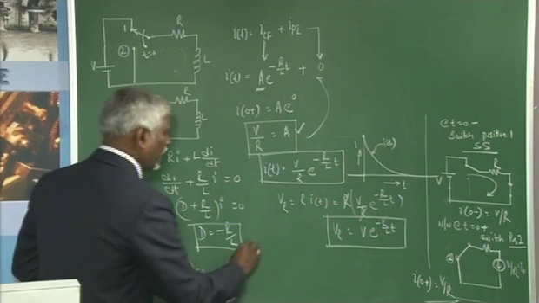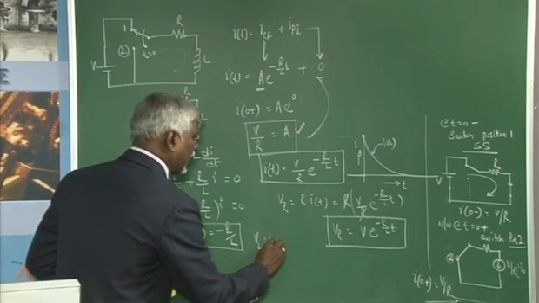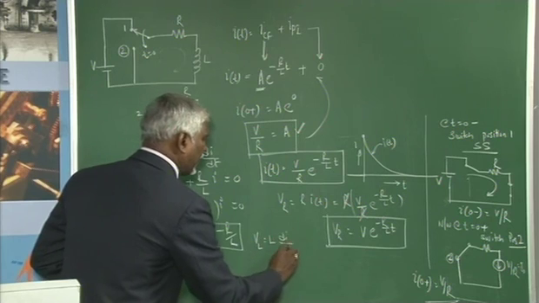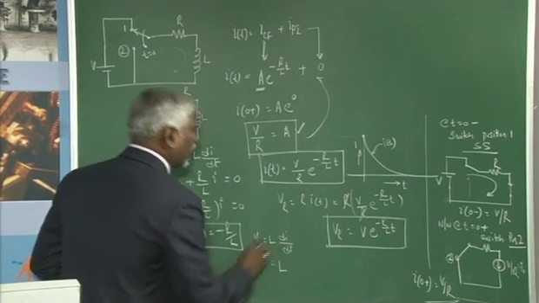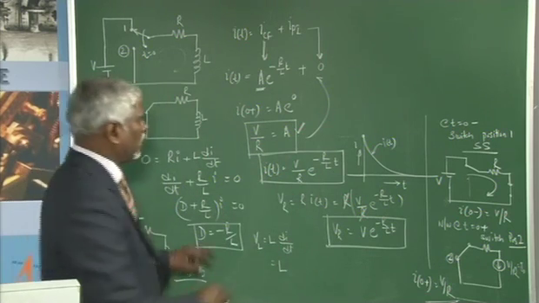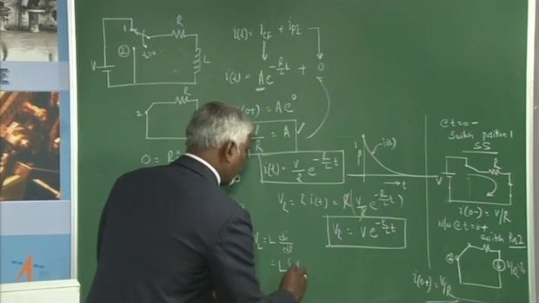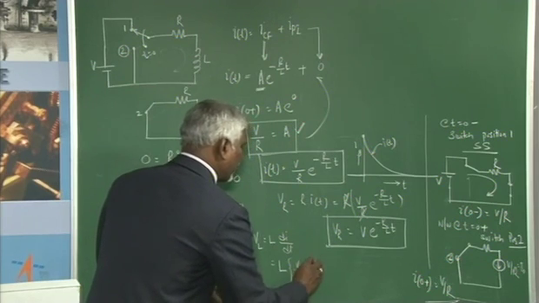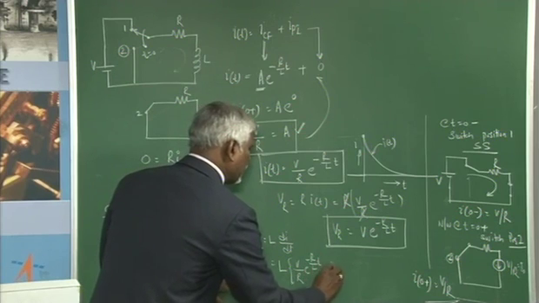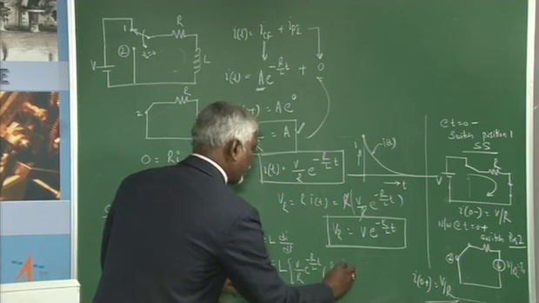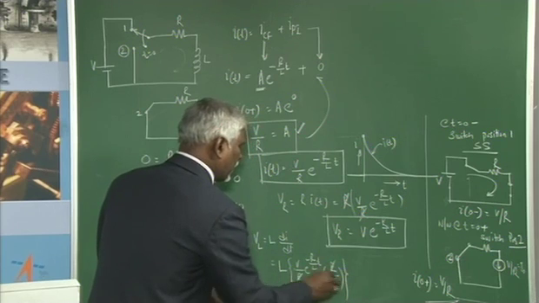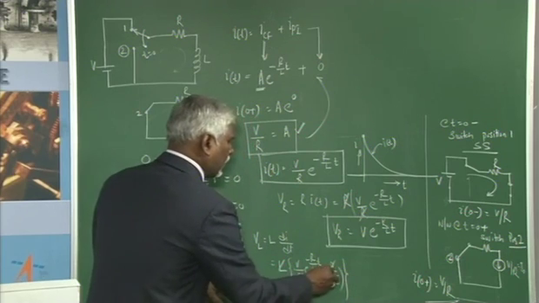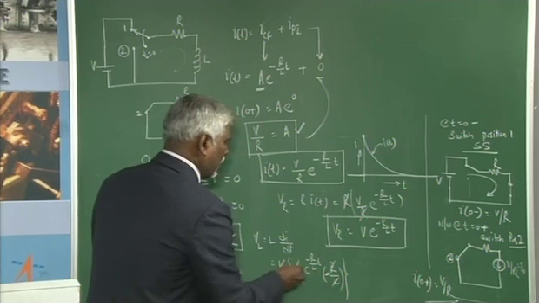Similarly, voltage across the inductor is L di by dt, which is L times the derivative of this. It is V by R e to the power of minus R by L into t, into minus R by L. R, L and L will cancel, and this minus sign will come out.